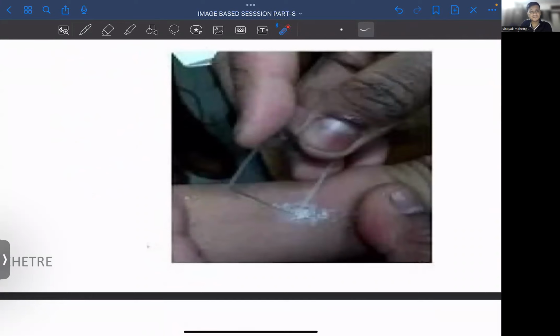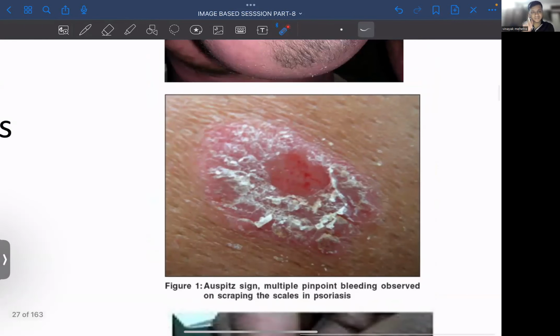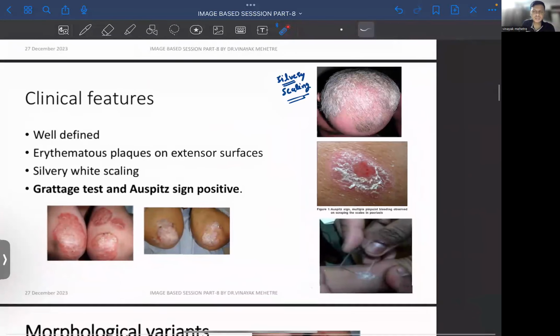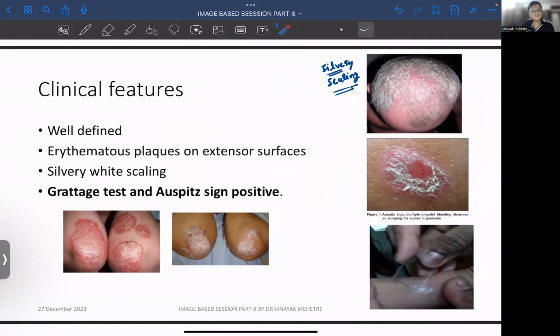Do not confuse yourself, basic भी पूछा जा चुका है. Okay, and on scraping, थोड़ा सा वर्ड चेंज हुआ, on scraping there is pinpoint bleeding, that is called Auspitz sign. Scraping क्या है? Grattage. On scraping there is pinpoint bleeding, called Auspitz sign. ठीक है, do not confuse, this is very basic.